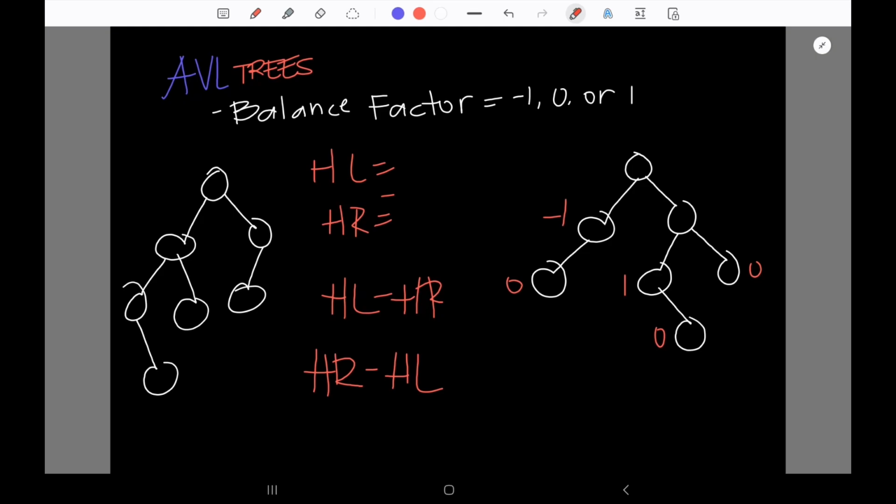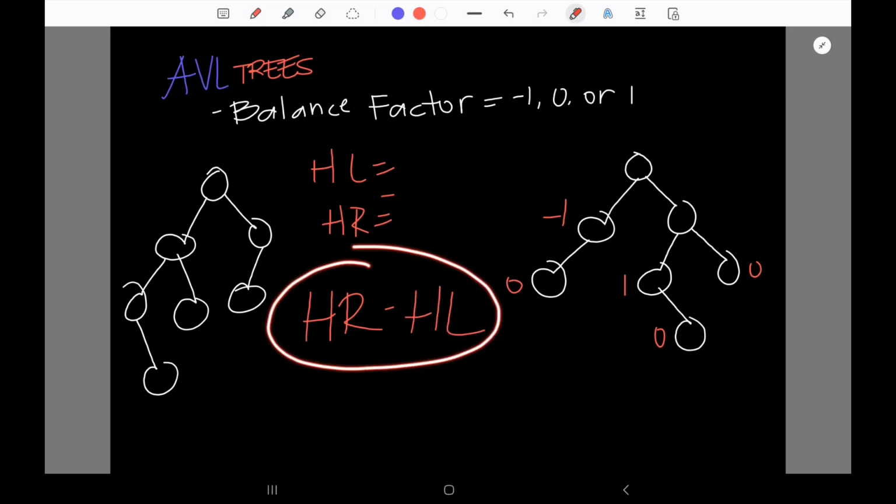To further explain why -1, sorry, my apologies. So we're gonna use HR minus HL for this one, for this one, for this one, right?